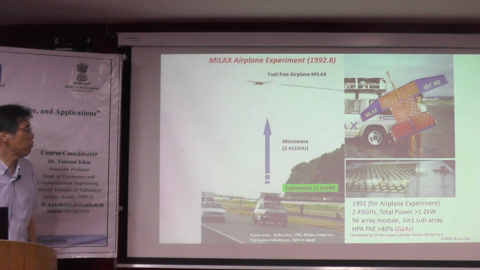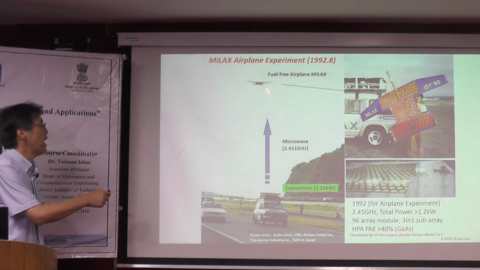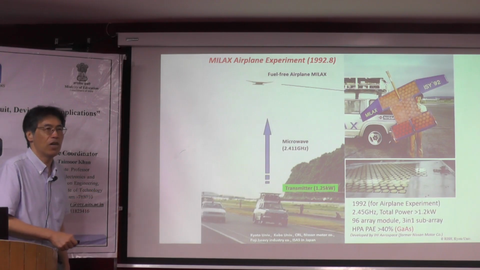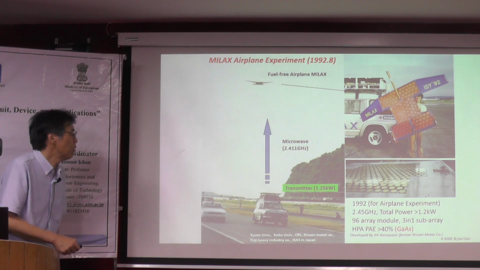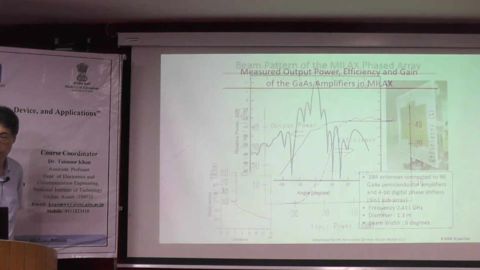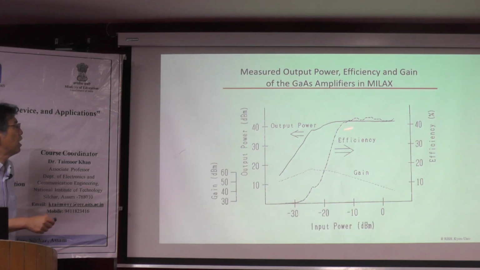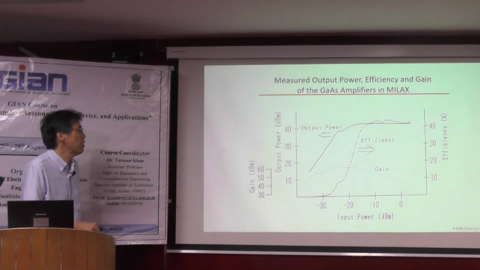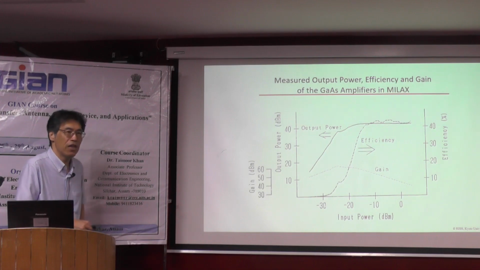And so at last, we could fly this fuel-free airplane named MILAX about 30 years ago. This is the world's first phased array developed mainly for wireless power transfer. And this is the circuit efficiency of the microwave amplifier at that time. As I mentioned, at that time we adopted gallium arsenide, and some students developed this amplifier.